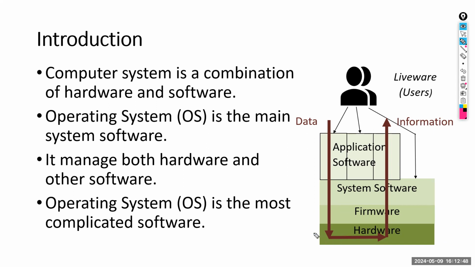We can think of it as a set of layers, where the lower layer supports the upper layer. So hardware is there. On top of hardware, we have firmware, which is theoretically software anyway, but more related to running the hardware. Then you have the software, which we can subdivide into system software and application software. Then of course the users, the liveware.